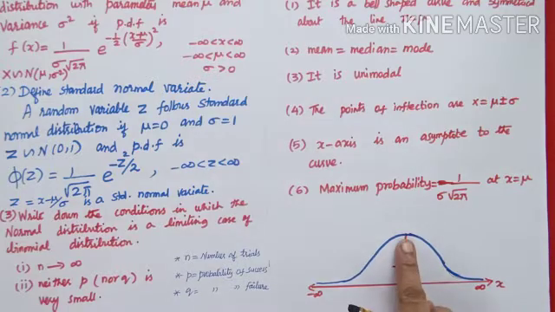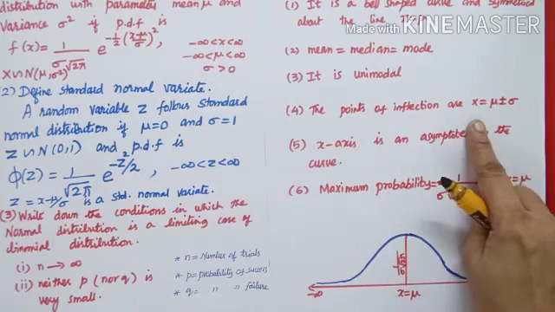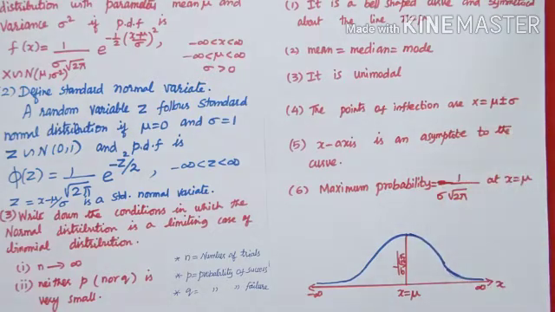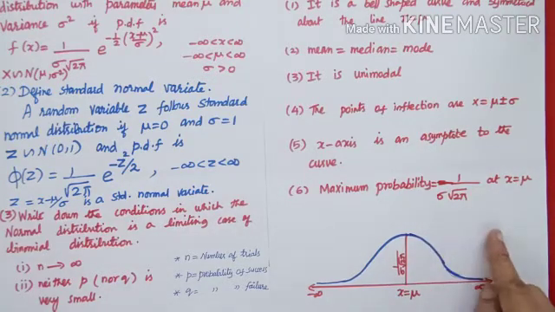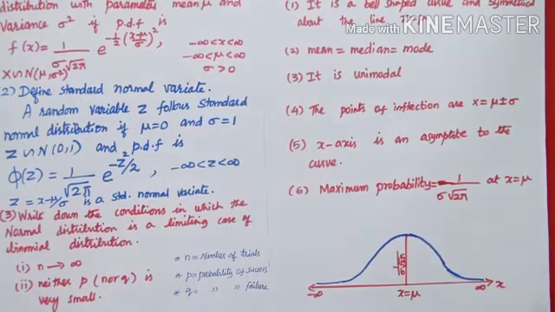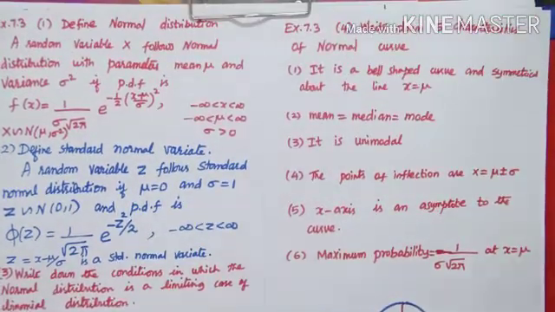It has only one mode, so it is called unimodal. Points of inflection: x is equal to mu plus or minus sigma. The x-axis does not touch the curve. The curve goes on and on but never touches. Such a line we call asymptote. And the maximum probability is 1 by sigma root of 2 pi. This we gist out for 5 characteristics of a normal curve.